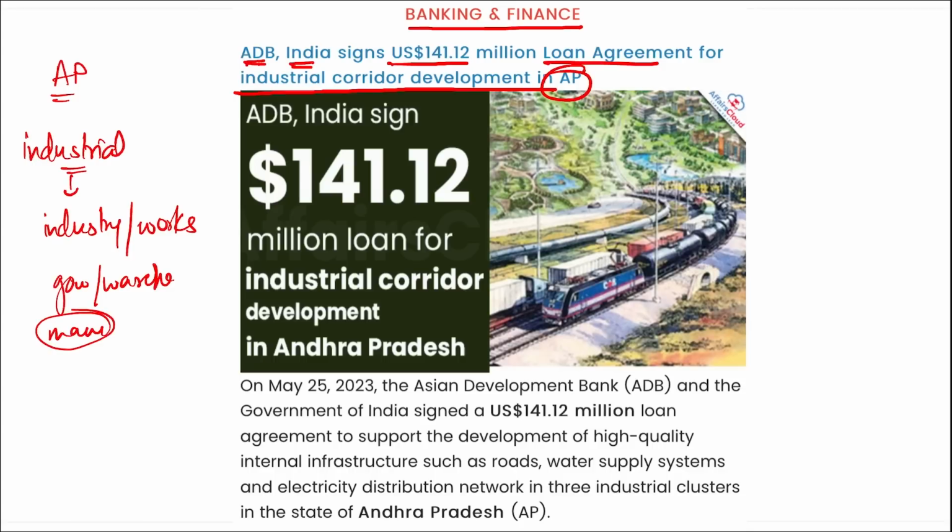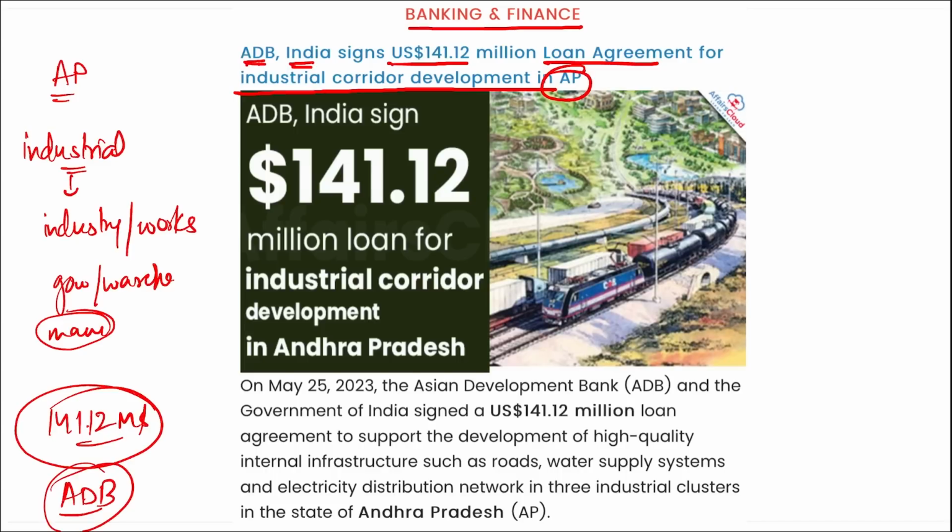Manufacturing will be focused in this industrial area. So in order to develop it, a loan of $141.12 million was approved by the Asian Development Bank. This industrial area will be near Visakhapatnam in Andhra Pradesh. Highly important, take a note of it.